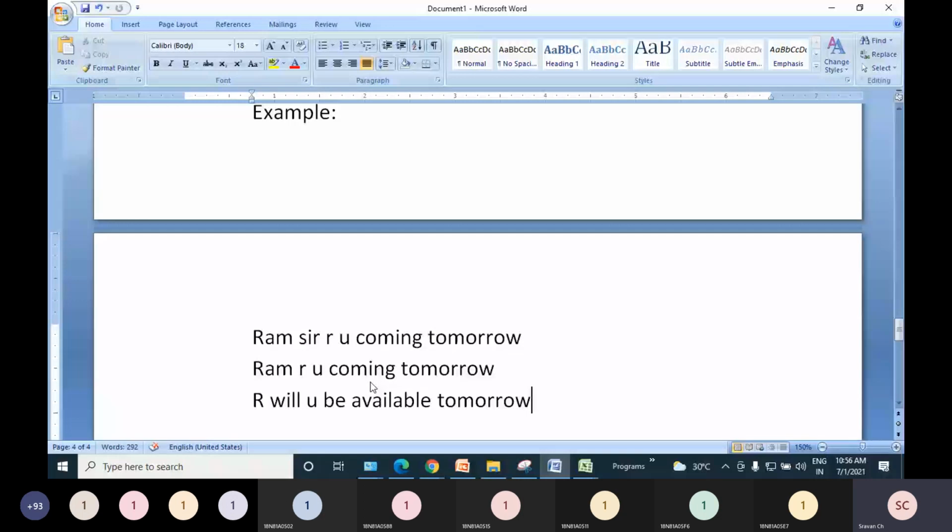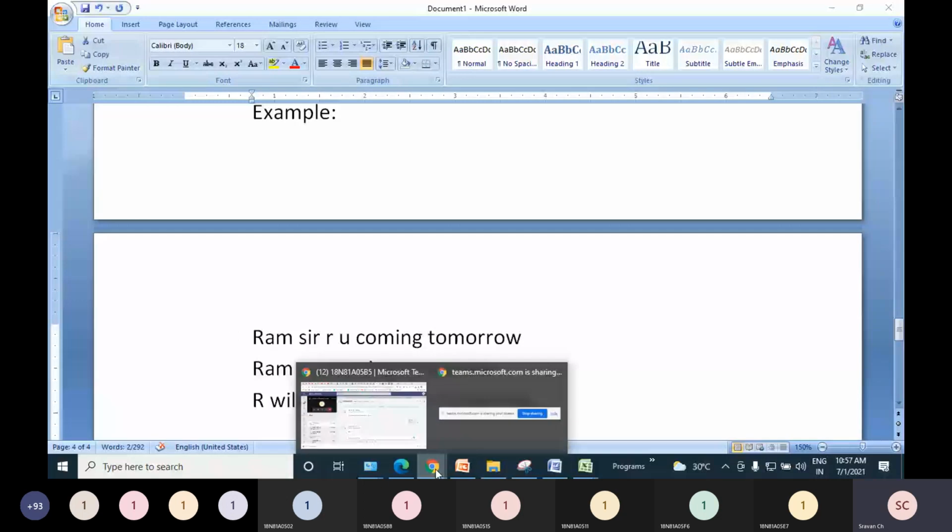Now tell me, is there any rule or dependency that whenever the word Ram comes, immediately after that Sir should come? Is there any such rule?